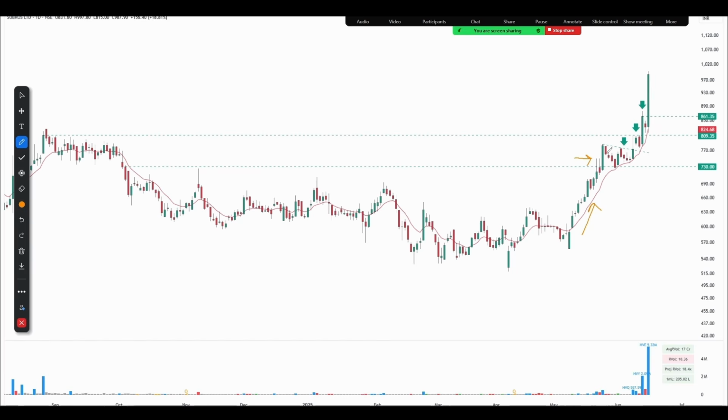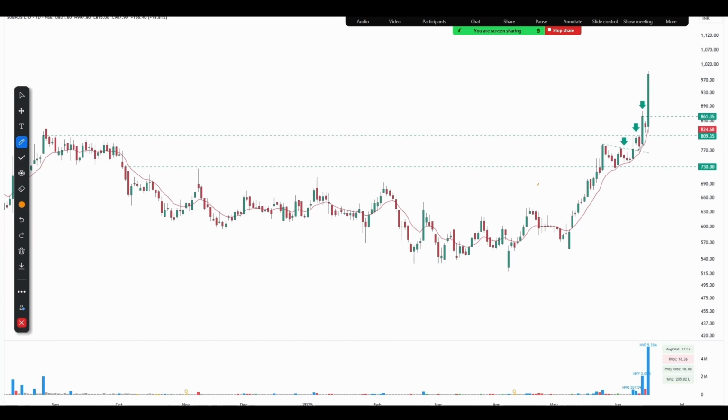After this up move, you can see a good breakout candle came, a pullback came, it took support from the 10 EMA. After it took support from the 10 EMA, it bounced back, again pullback, again a breakout. Now this was not a very good contraction structure for our liking, but this proves that the breakout and the follow through is working in this structure.